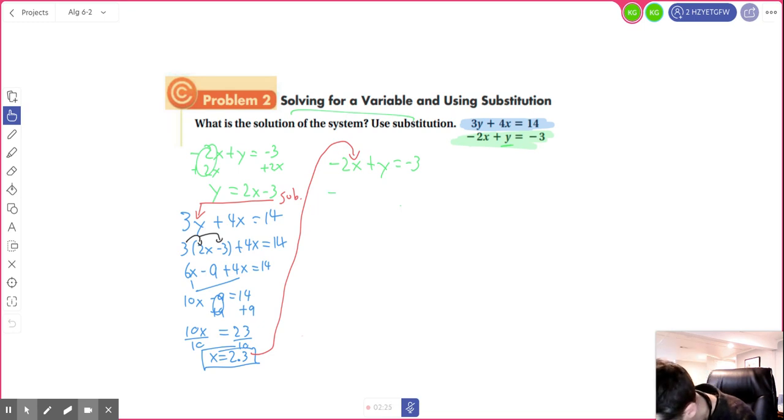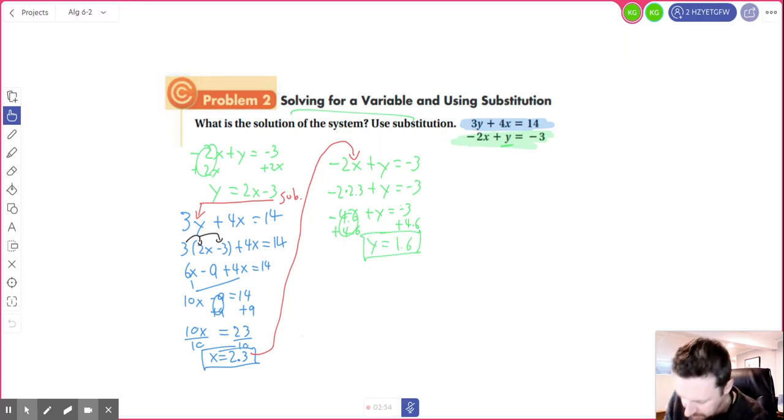So, negative 2 times 2.3 plus y equals negative 3. Negative 2 times 2.3 is negative 4.6 plus y equals negative 3, plus 4.6, plus 4.6. This cancels out. y equals 1.6.